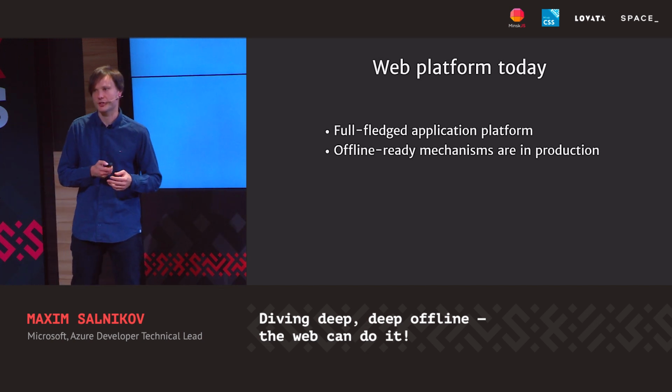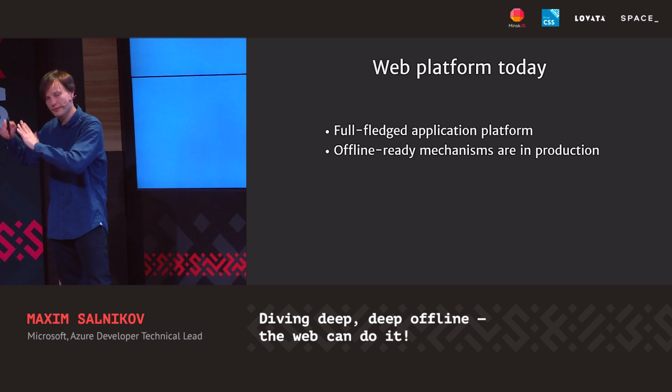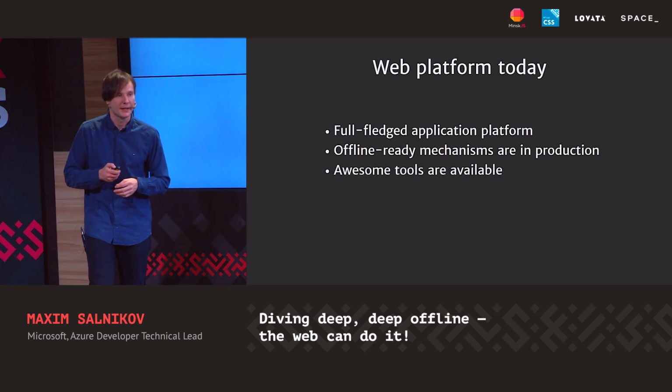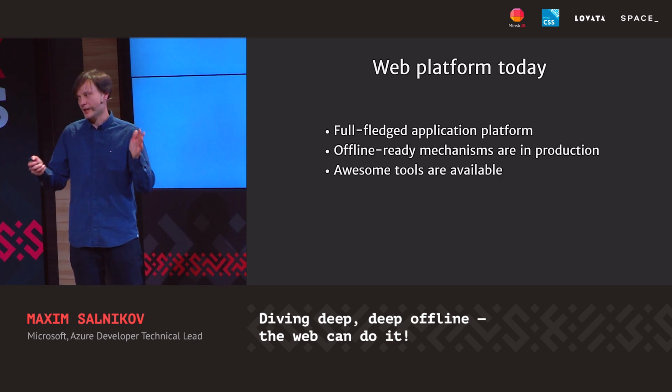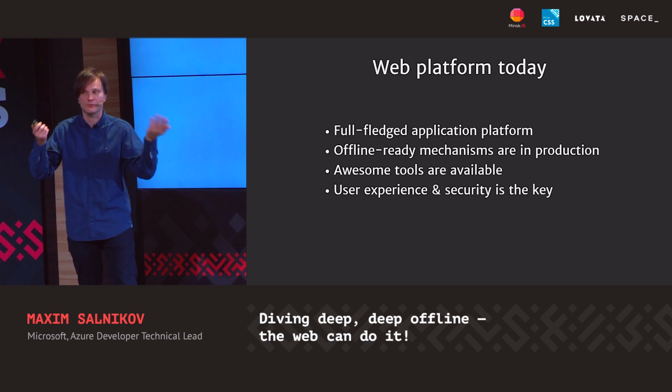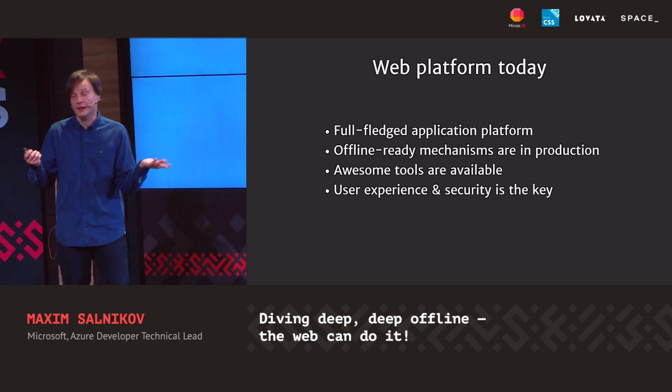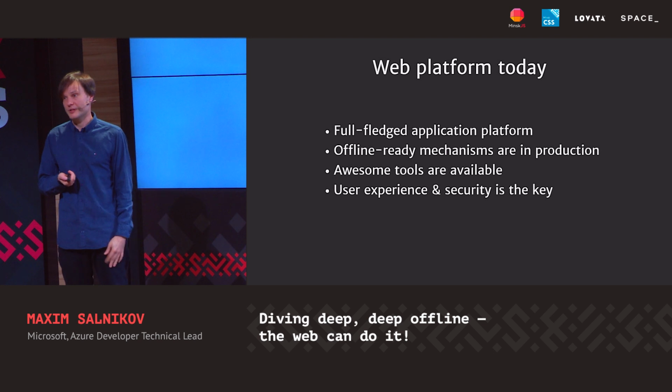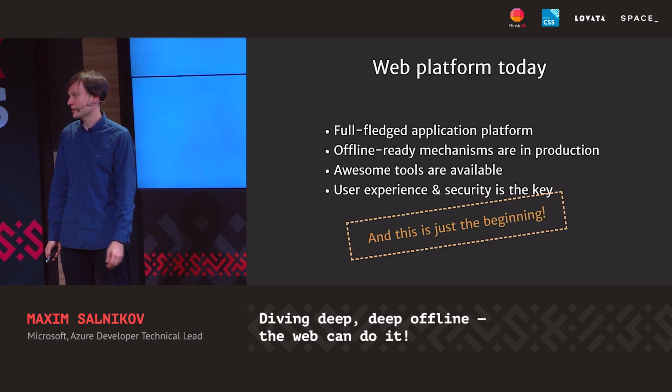There is always a challenge with this piece of the ecosystem, but the basics are there. Really cool tools like Workbox. And let's keep in mind that it's all not for us as developers, it's all for our users. And as you have seen on the previous slide, it's just the beginning.